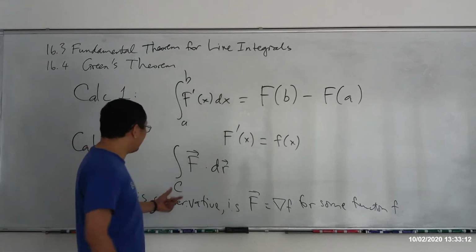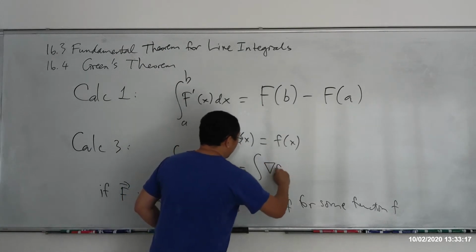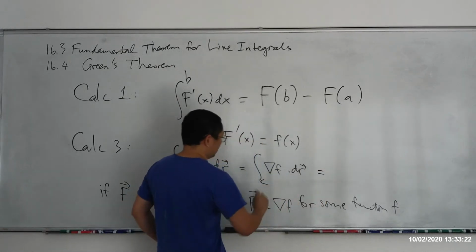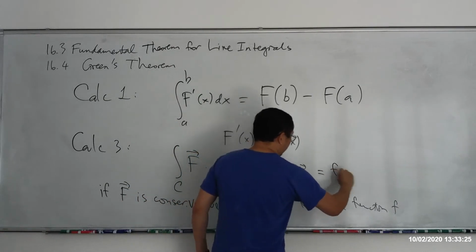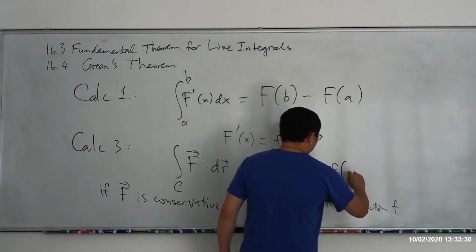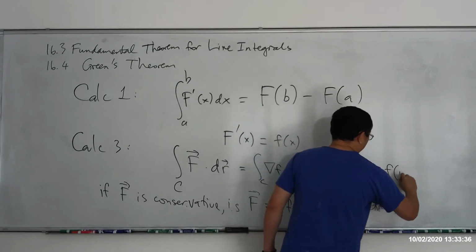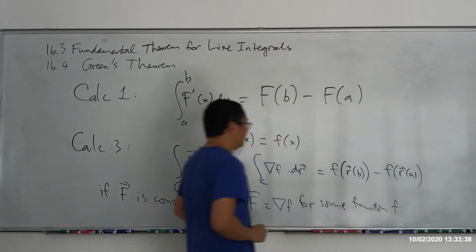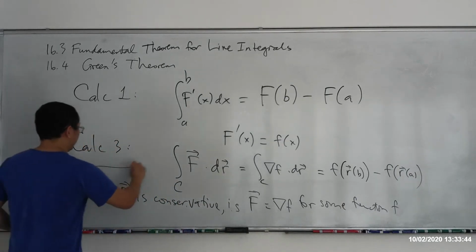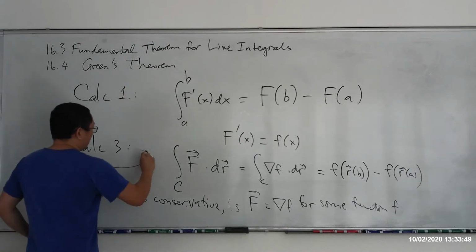Then, if that happens, this is the same thing as the integral of the gradient of f dot dr. And think of this like a derivative. It's going to be f of the endpoint, so I'll say r(b), minus f of the initial point. And C is a curve that runs from the initial point r(a) to the endpoint r(b).